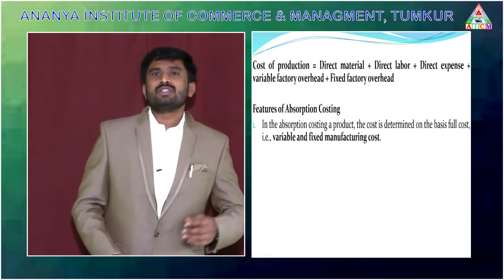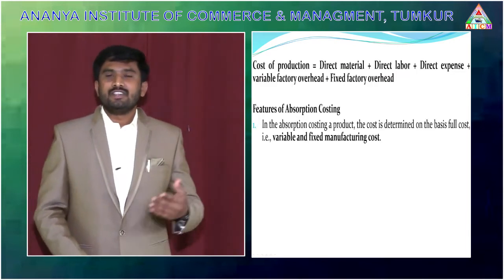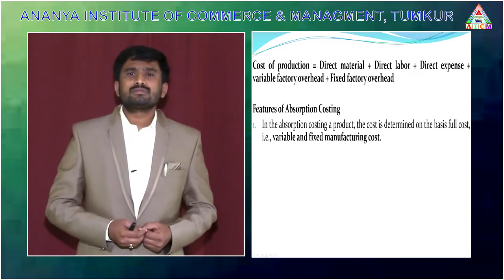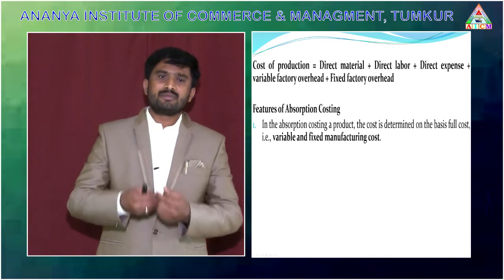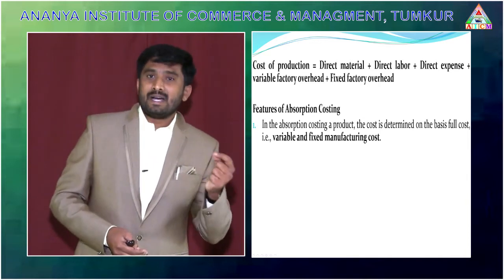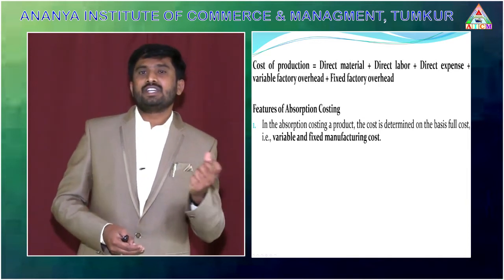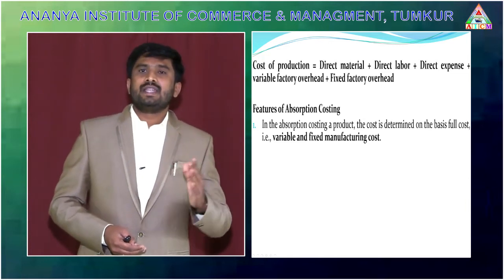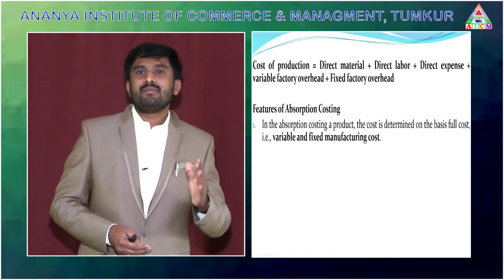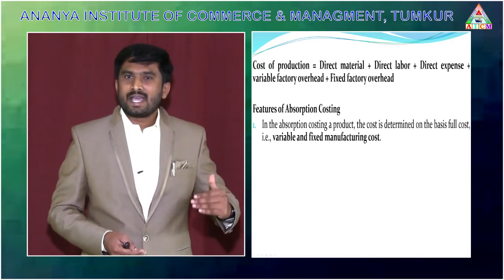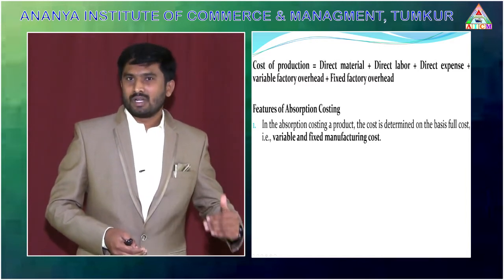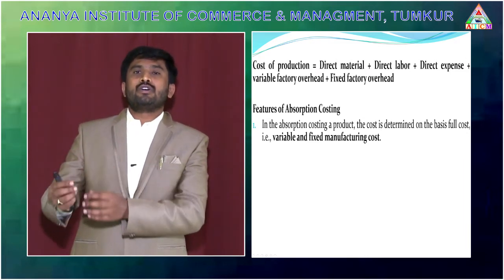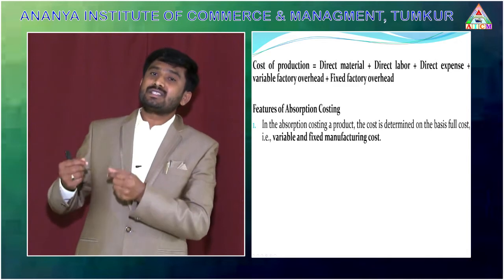Next, I am going to explain the features of absorption costing. Before I explain the features, in marginal costing, we take into account direct material, direct labor, direct expenses and variable overhead in order to calculate the cost of the product. But in absorption costing, we take into account variable cost plus fixed cost.